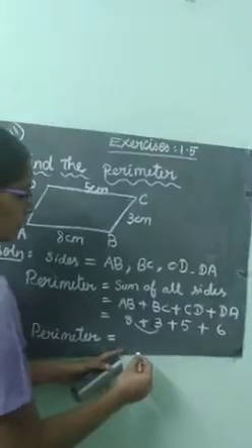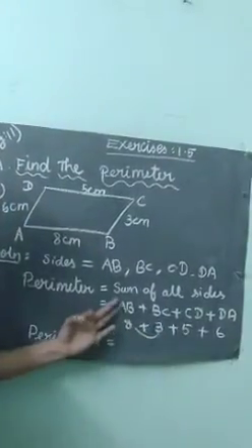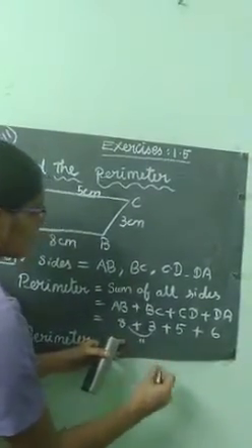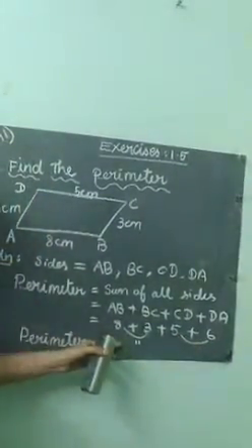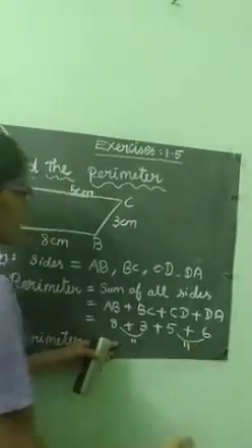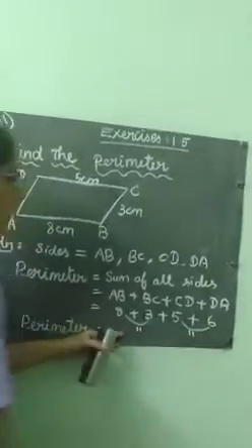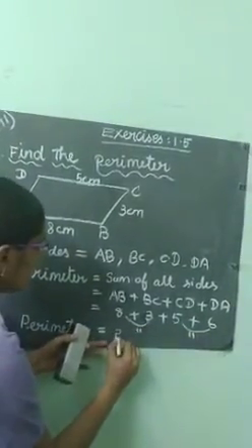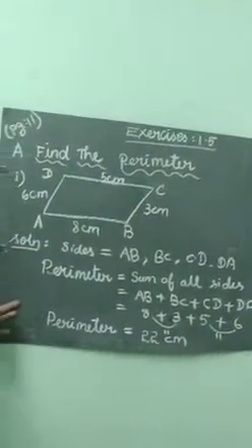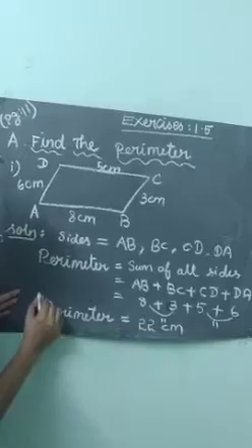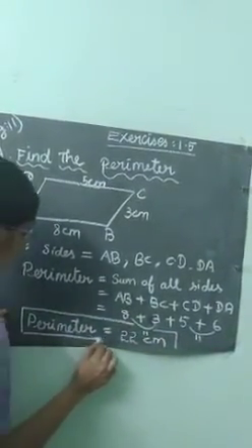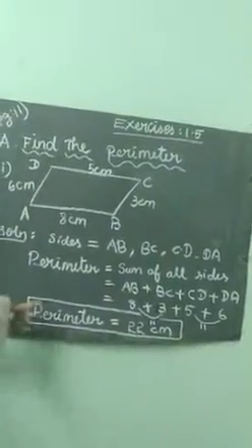Very good. 8 in a mind, 3 in a finger, 8 after, 9, 10, 11. 11. 5 plus 6, this also what? 11. Now 11 plus 11. Very good. 22. So perimeter equal to 22 centimeter. That's all. You must put the final box to the final answer.